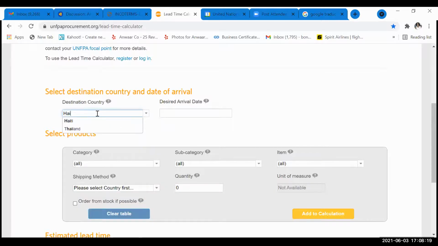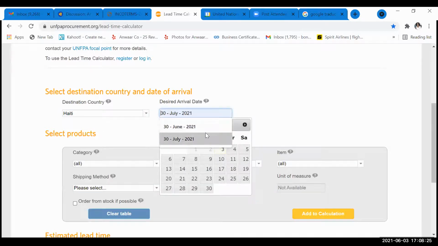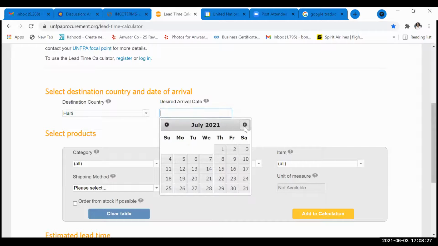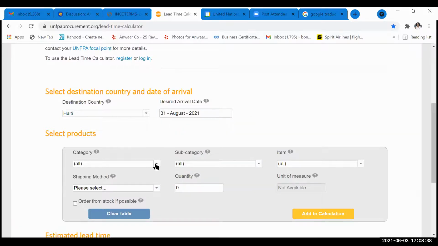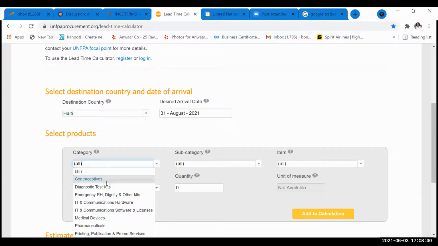So right now I have to select the country, for example, Haiti. And let's say that we want to order condoms. I will say that from 3 months from now, we want to have a stock. But usually what happens, you will see later.